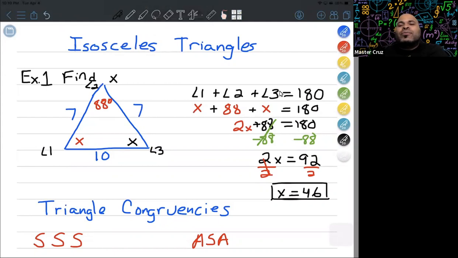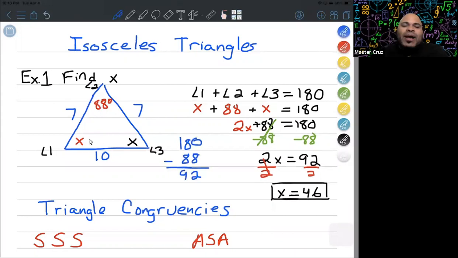Now, if you don't want to write the equation and you can do this in your head, you can also do that, right? As long as you write some things. For example, I know that the sum is 180. So if I do on the side 180 minus the angle that I know, which is 88, that will give me back my 92.